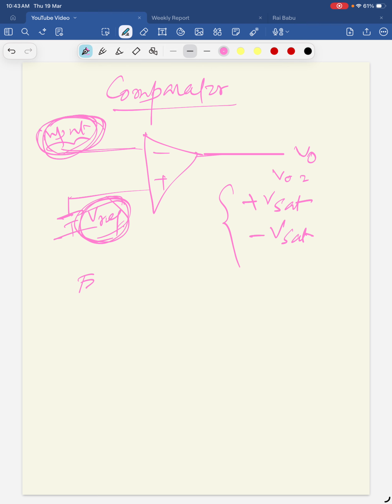There are two types of comparator. One is the positive comparator, or non-inverting comparator. What are the conditions?